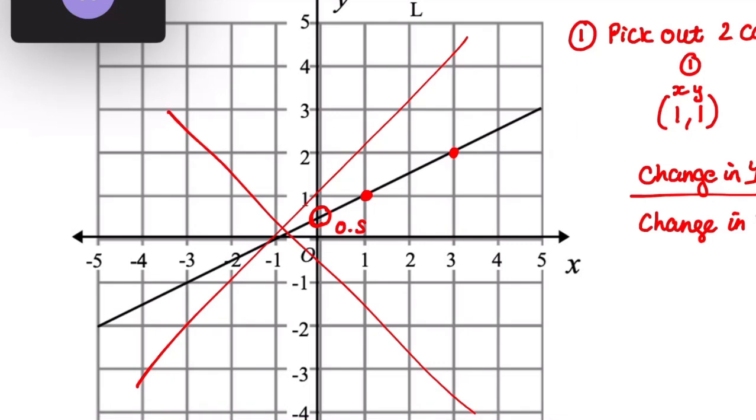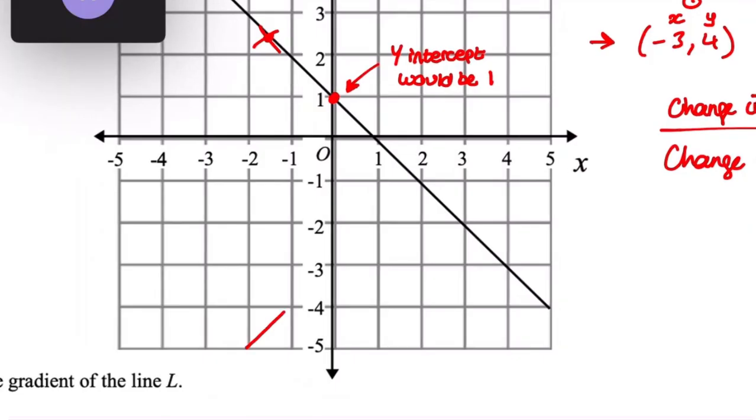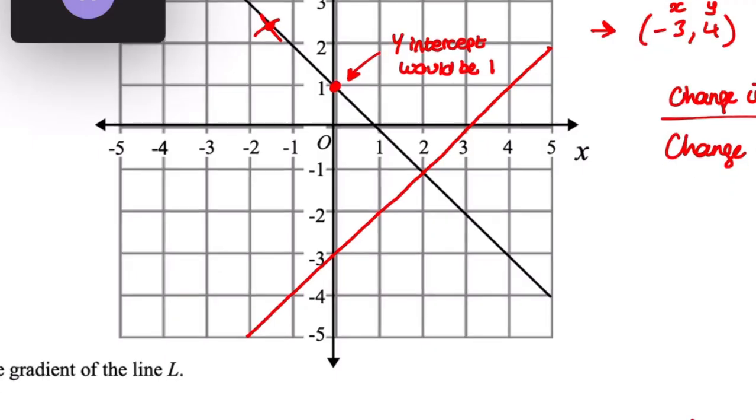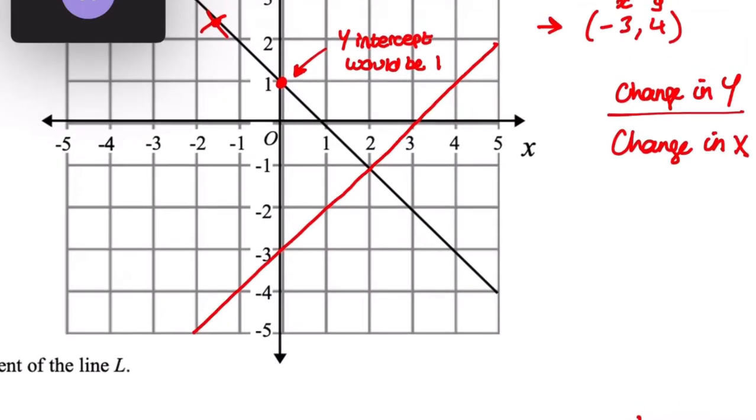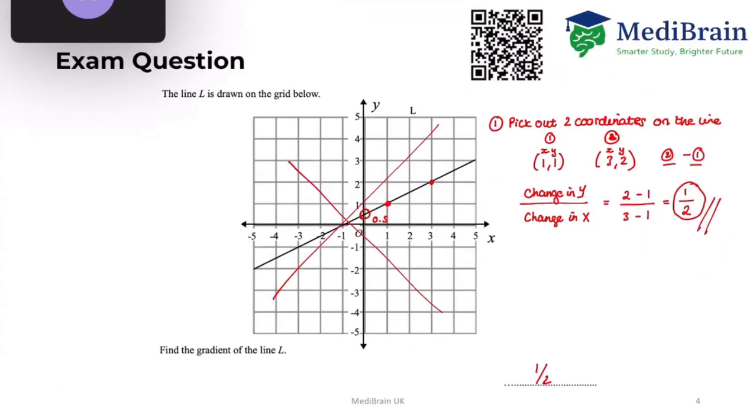If I drew another example, we've got this red line. This line crosses the y-axis at -3. So the y-intercept is -3, because the y-intercept is just the place where the line crosses the y-axis.